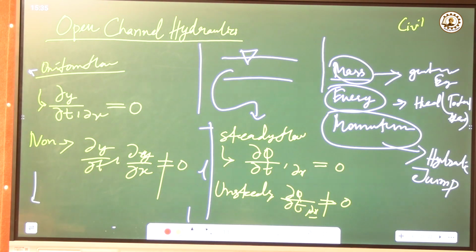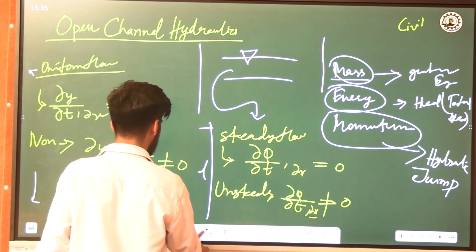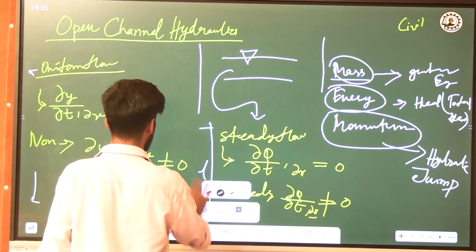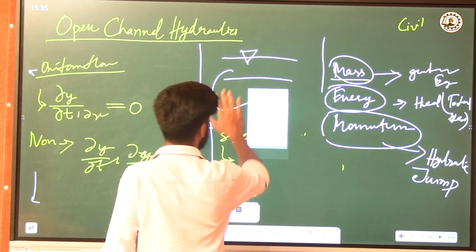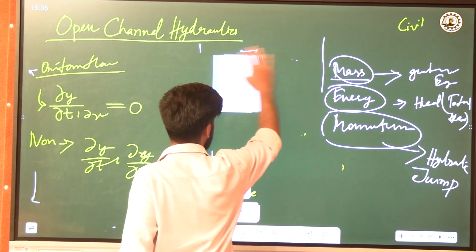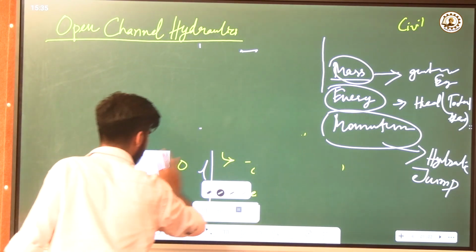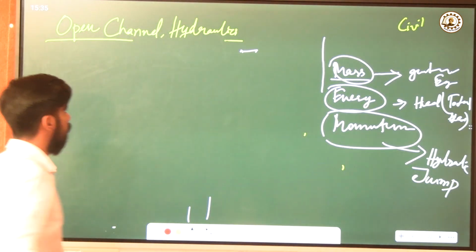Okay? So, we will understand all these things more deeply in our next derivation part, where we will derive the continuity equation for any open channel flow and derive their energy distribution, so that will help you.